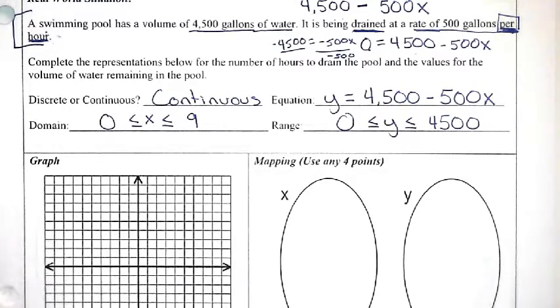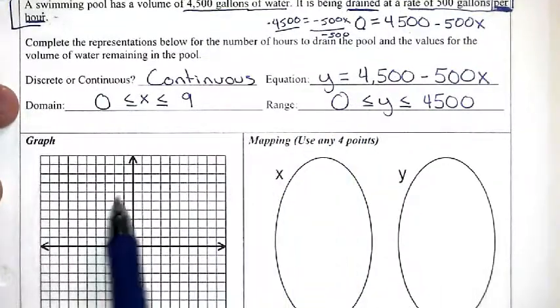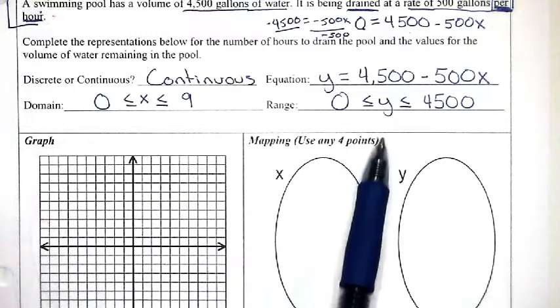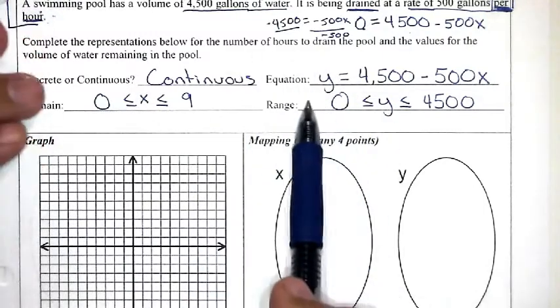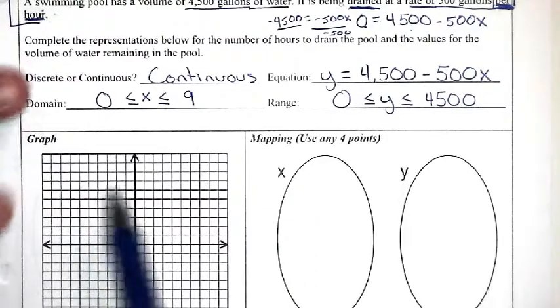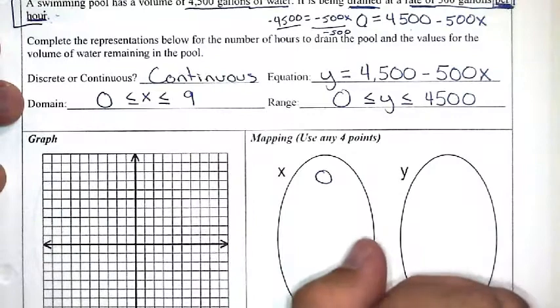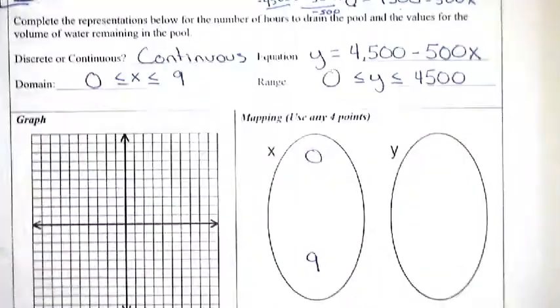Easiest thing to do to go from this information is to go from domain and range to a map. Don't go to the graph first. Go to the map. So I have 0 and I have 9. Those are my 2 x values. My 2 y values, I have 0 and I have 4,500.